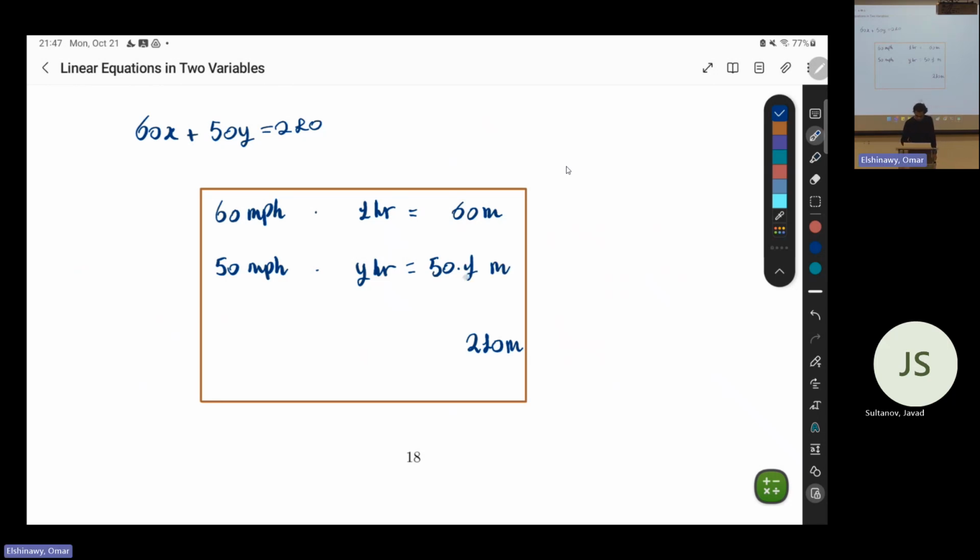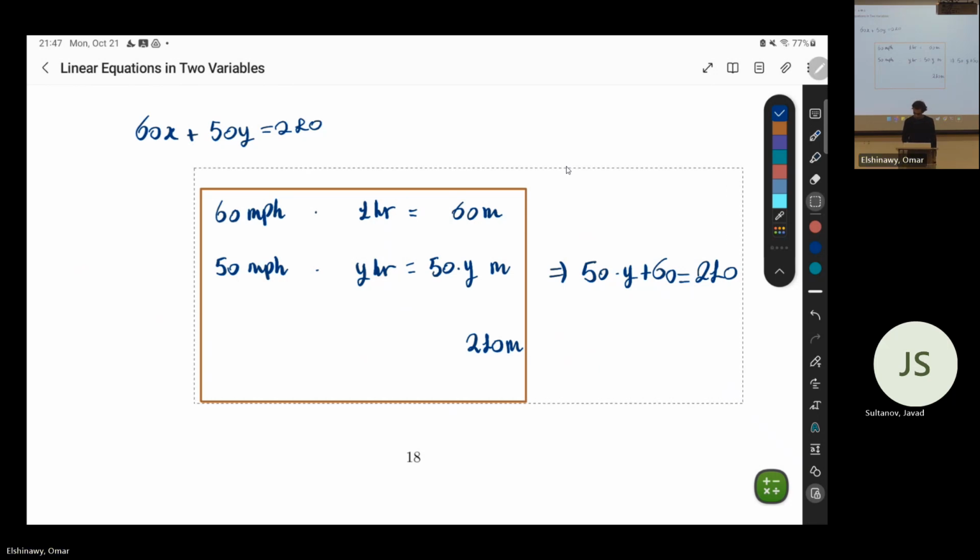So 50 times y miles plus 60 is, from this invoice, 50y plus 60 equal to 210. And from there you solve for y and you get that y is equal to 3.